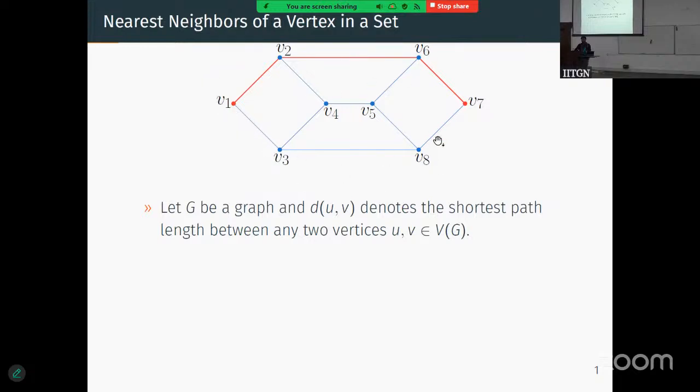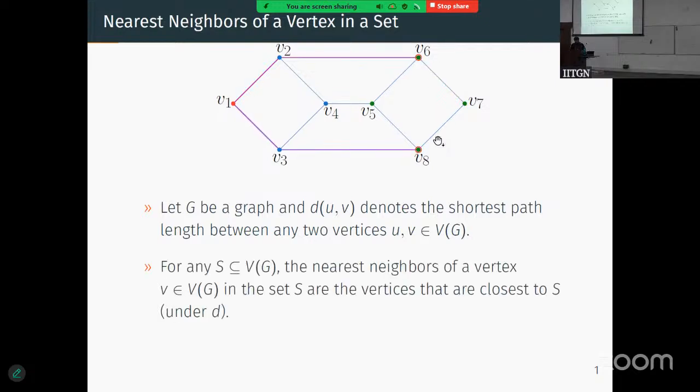Now, for a set S on the vertex set, the nearest neighbors of a vertex v in S are those vertices in S which are closest to v. These vertices are the nearest neighbors.